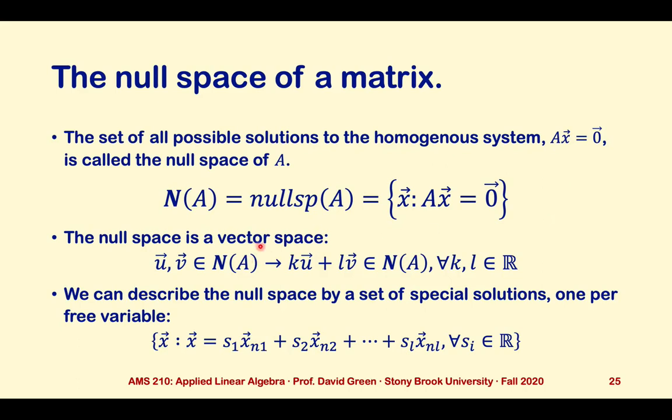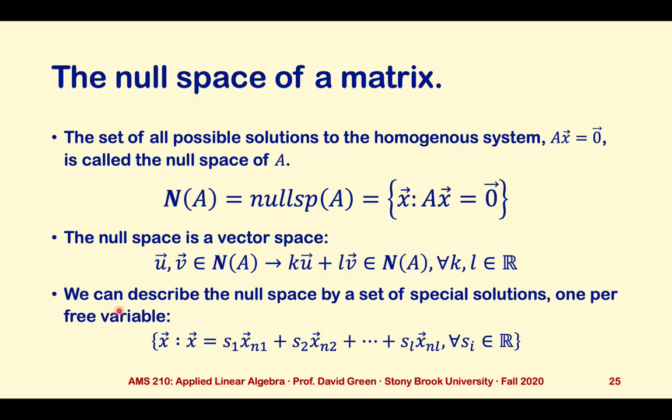And the null space is, of course, a vector space, because if we take any 2 vectors from the null space, their linear combinations also have to be vectors of the null space. If I have 2 different solutions to AX equals 0, their linear combinations are also solutions to AX equals 0.